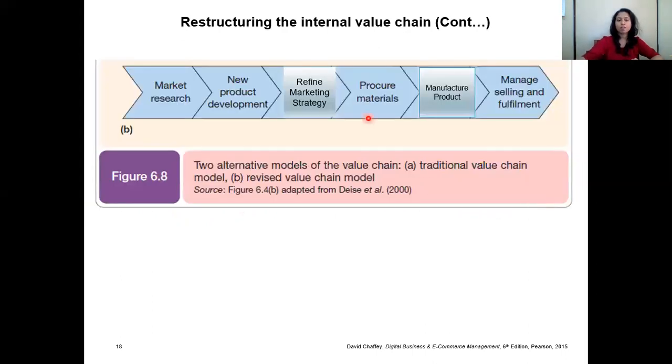If you look at the first activity in the restructured value chain, it starts with market research. In order to effectively carry out market research, electronic communications become helpful for the organization.